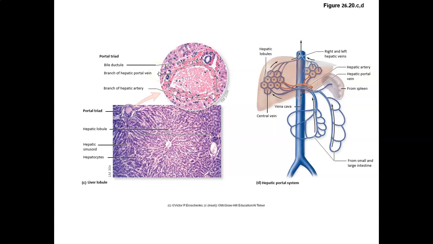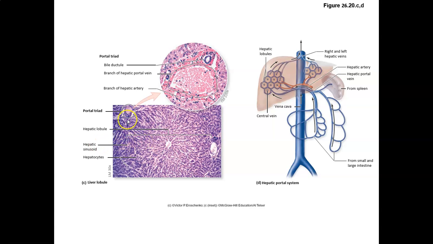So each triad is made out of a bile duct, a hepatic portal vein, and a branch of the hepatic artery. So three things together called a triad, specifically called portal triad. We're going to talk about the specifics of it in the lecture.